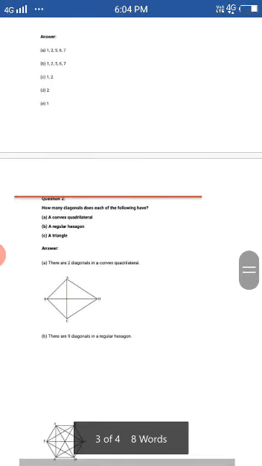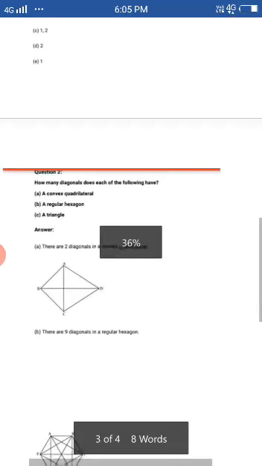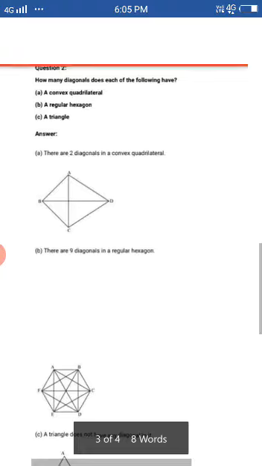In the second question you have to tell how many diagonals a convex quadrilateral has. You can see this figure, this is a convex quadrilateral, and how many diagonals are there? 2. One is AC and the other one is BD. Now next, you have to tell how many diagonals are there in a regular hexagon.